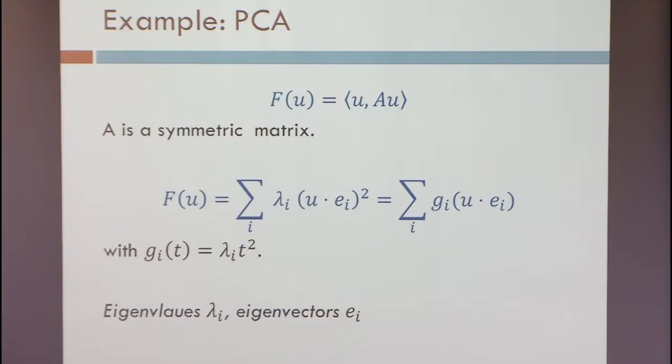That's the spectral theorem. And going back to the previous slide, this is a basis encoding function with g_i of t just being lambda_i t squared, where lambda_i is the corresponding eigenvalue for vector e_i. So you can view the spectral theorem as a special case of this basis encoding.